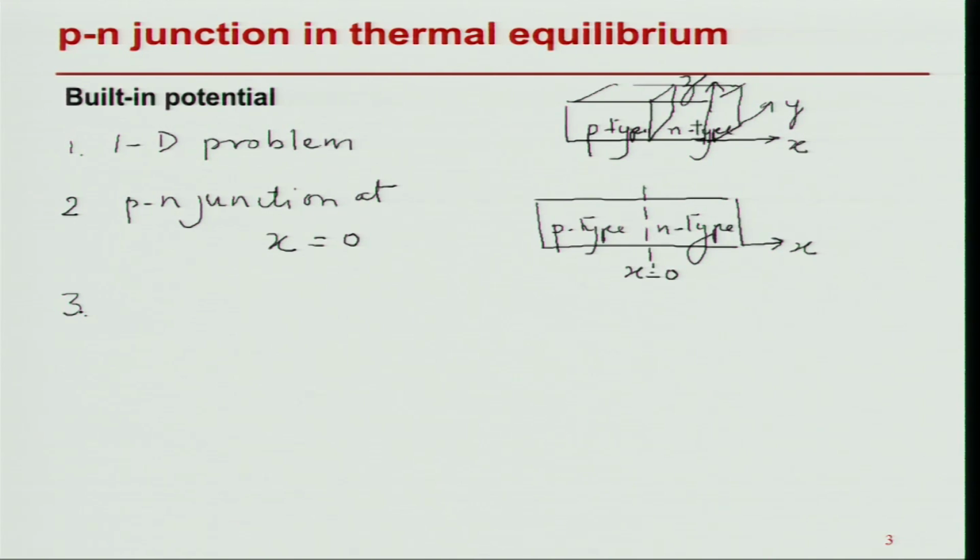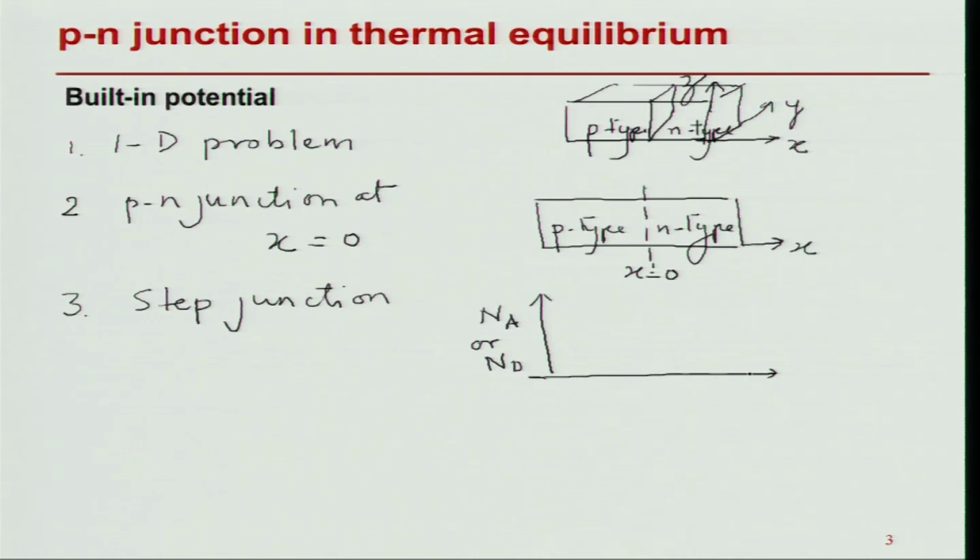The third thing that is assumed here is that my PN junction is a step junction, and this we will see later is not necessarily always true in a real device. By step junction, I mean, if I look at the concentration profile of acceptors or donors as a function of x, the concentration is uniform in the n type for donors as well as for acceptors.